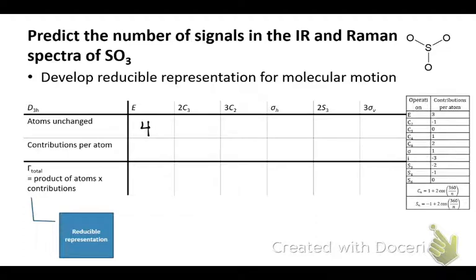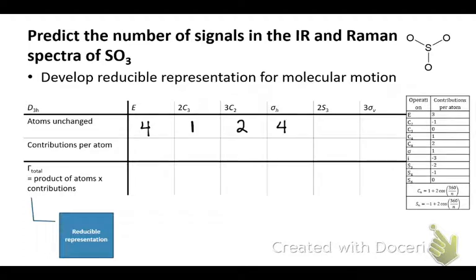If we do a C3, so the C3 is coming in and out of the screen through the sulfur atom, we'll see that only the sulfur atom remains unchanged. The other atoms move. If we do the C2 operation, so that's in the plane of the screen, going through one of the sulfur-oxygen bonds, then we see that 2 of those atoms remain unchanged. The sigma h is the plane of the screen, and if we sort of cut through all of those atoms, we see that all 4 remain unshifted.